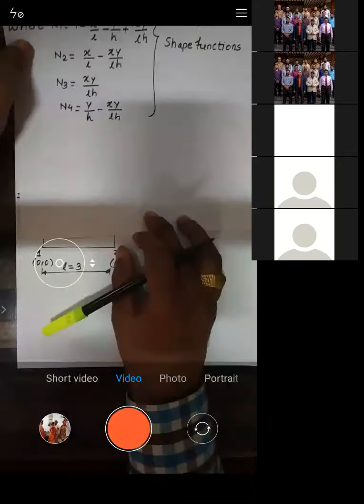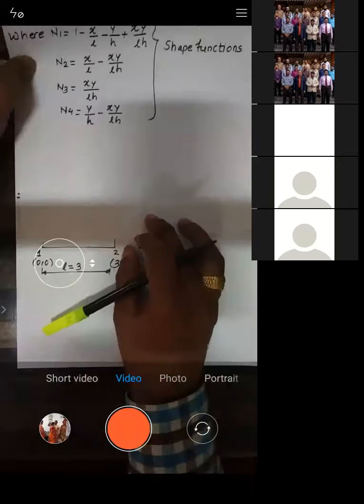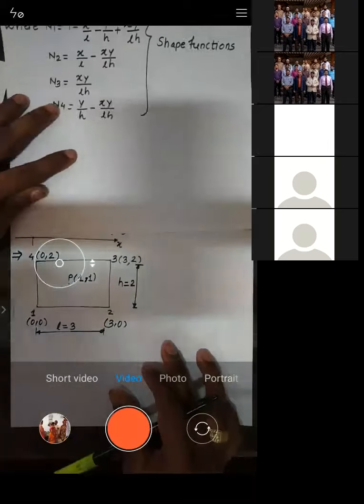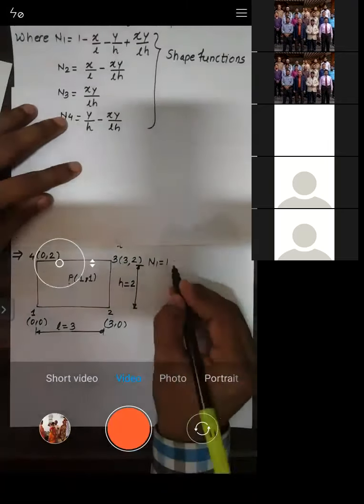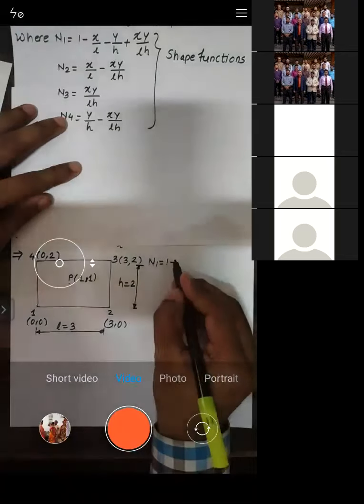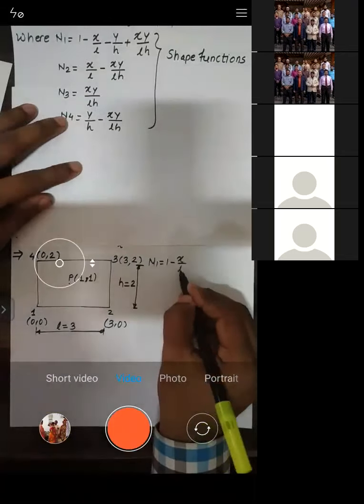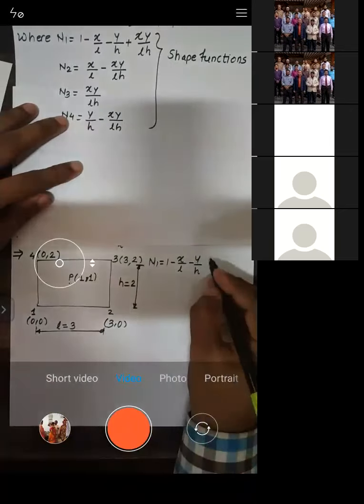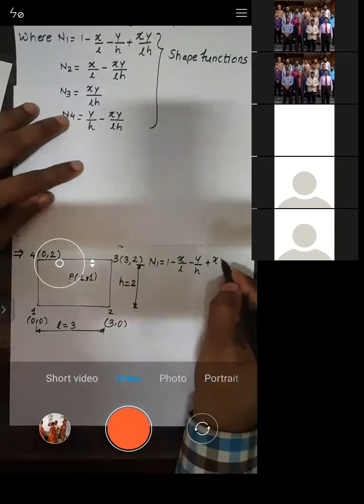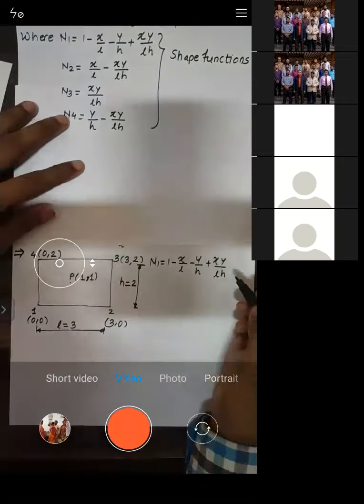So N1 is given by 1 minus x by L minus y by H plus xy by LH.